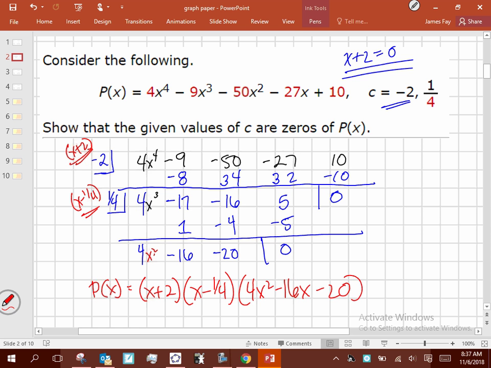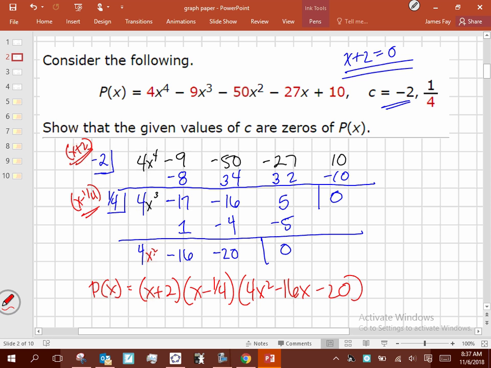Now we're going to get into eventually, it might not be today, it might not be tomorrow, but we're going to be getting down to what's called the fundamental theorem of algebra, which is going to help us realize that every one of these polynomials could be written as a product of linear factors.